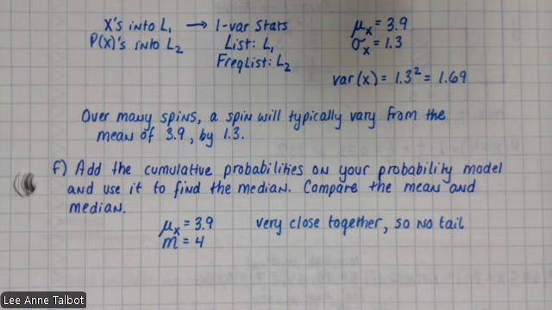Oh, we have to say something about the first hour. Over many randomly selected days, the number of cars sold in the first hour will typically vary from the mean of 1.1 cars by about 0.953 cars. Okay, good practice.